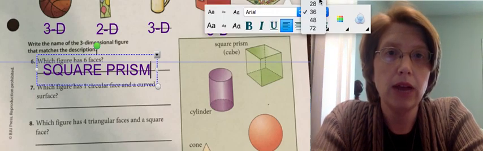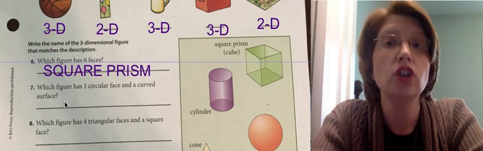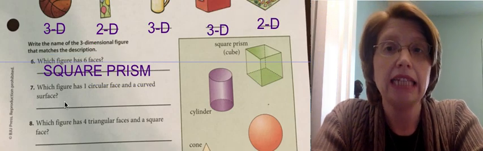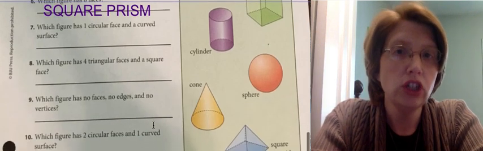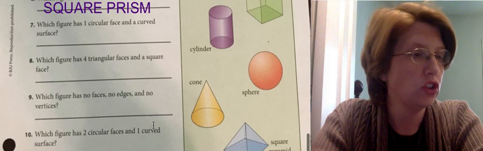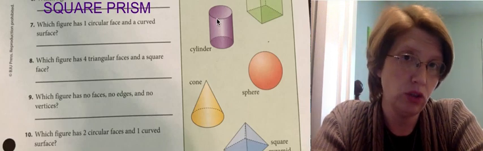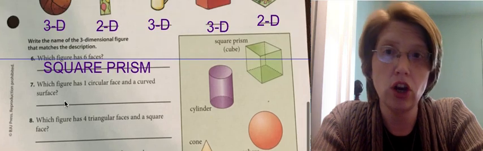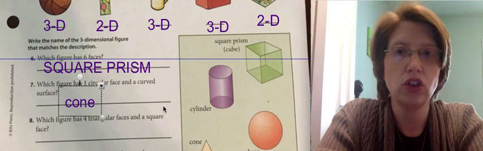Let's make my writing a little bit smaller here. Which figure has 1 circular face and a curved surface? So this one only has 1 face. This has 2. So we're talking about a cone there. A cone has 1 face and a curved surface.